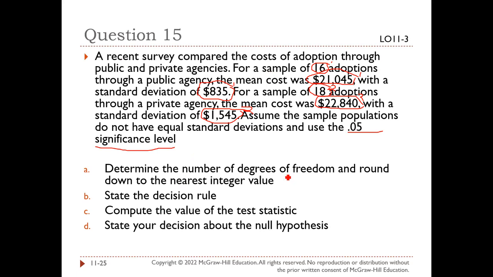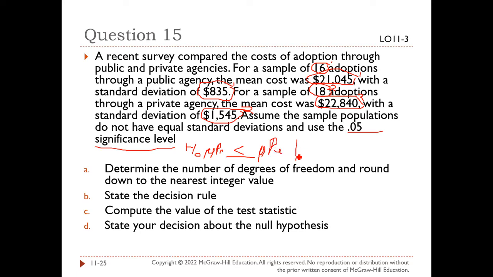So basically, right now, we have our null. So H0 is going to have mu of the private, which we'll call PR, less than or equal to mu of the public.